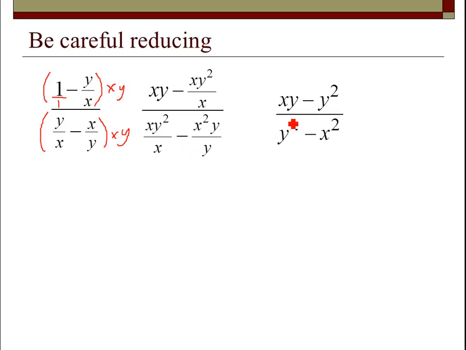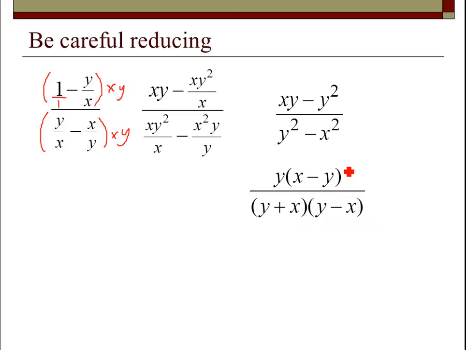Okay, now I look at factoring. So I could factor out a y, leaves me with x minus y. This is the difference of two squares. That factors to y plus x, y minus x. And this is where you have to be careful. x minus y and y minus x are almost exactly a match. They're perfect opposites. So you see this one's kind of like flipped over the other one.